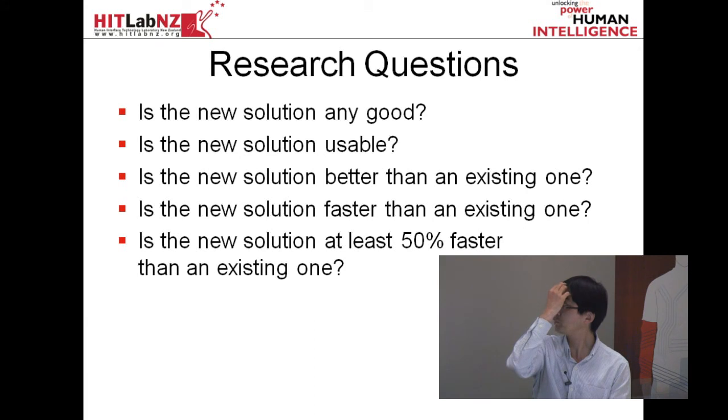If you remember what we've been talking about in this stream of lectures, we've been talking about how to do user studies based on your research questions. The first thing we talked about was how to start your plan for your user study based on your research questions.